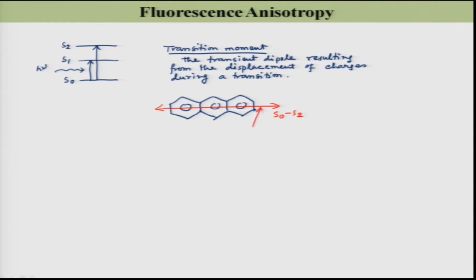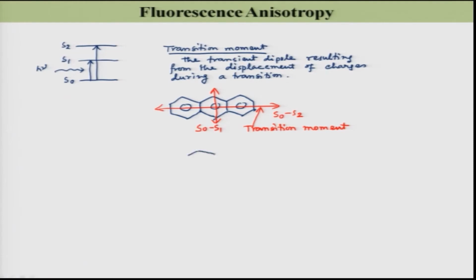This is my transition moment, along this direction of the anthracene molecule. If you excite from S0 to S1, that S0 to S1 transition is along this direction in this molecular frame. If I take a different molecule, this will be different.